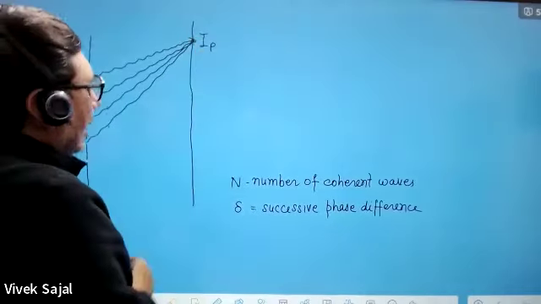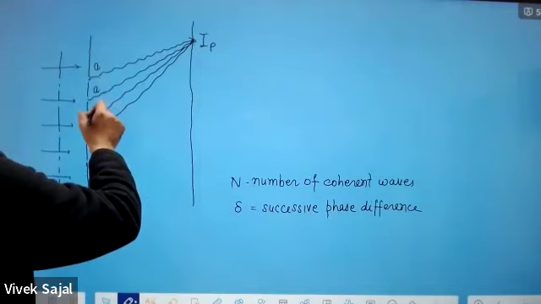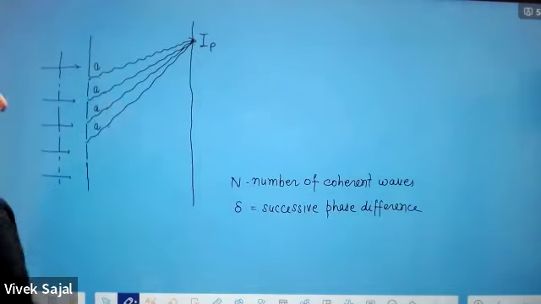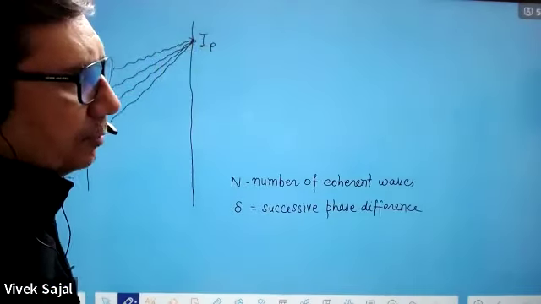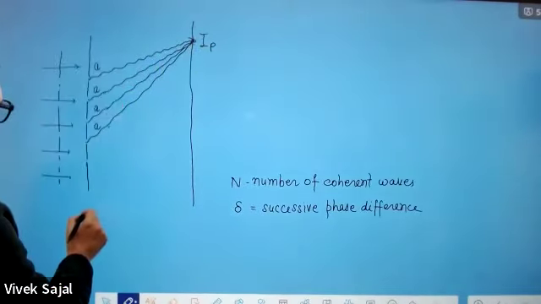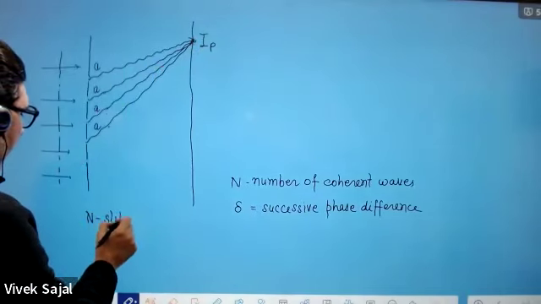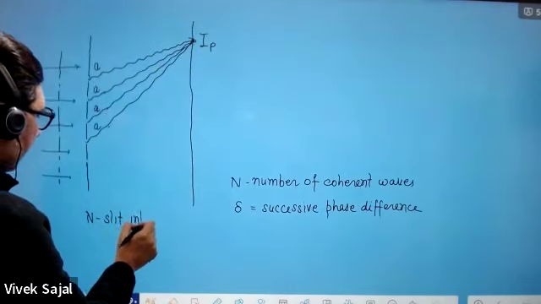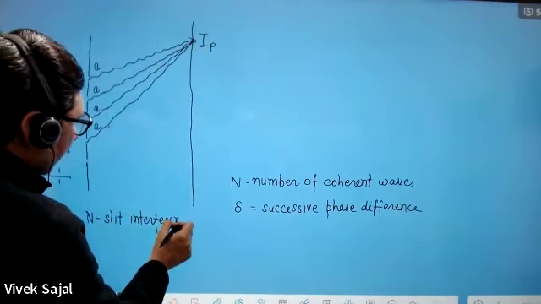IP, and the amplitude of each wave that is emerging from here is A. So if interference is taking place at point P, this is N slit interference.